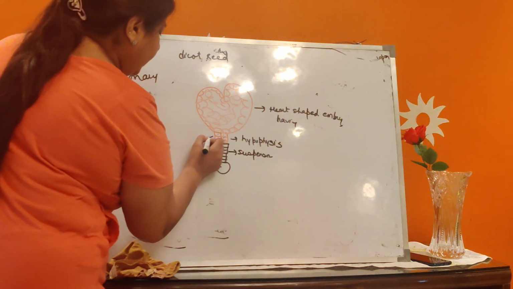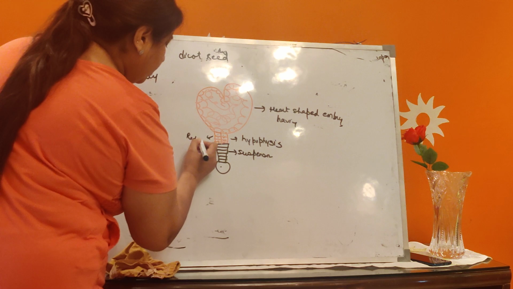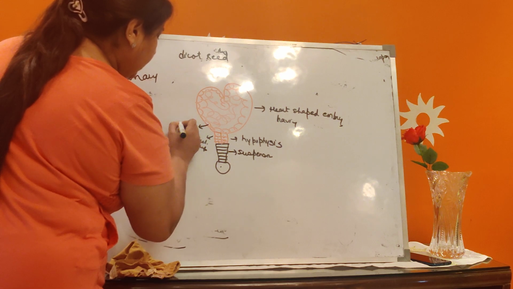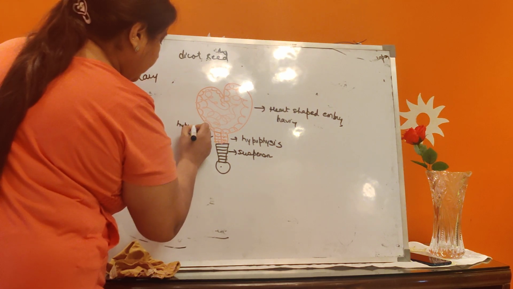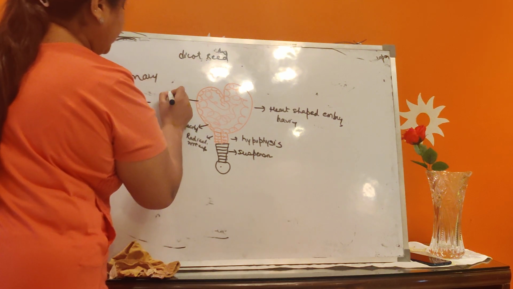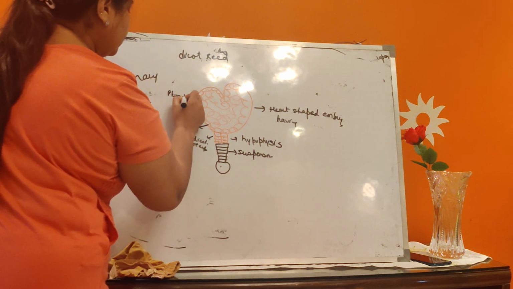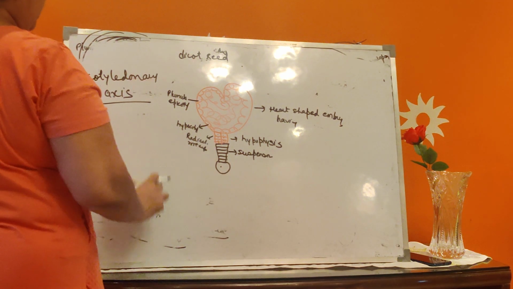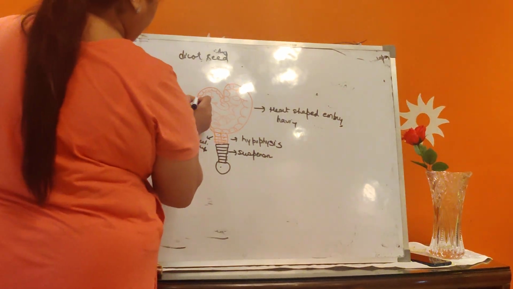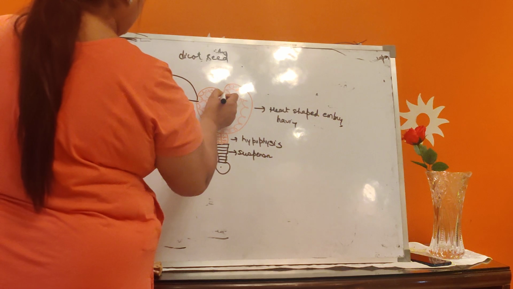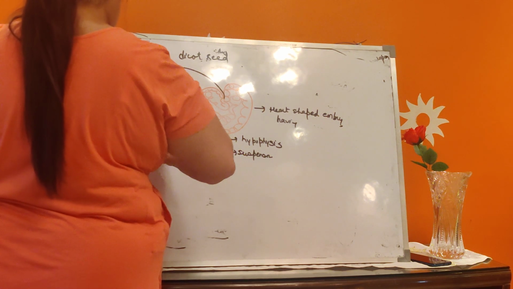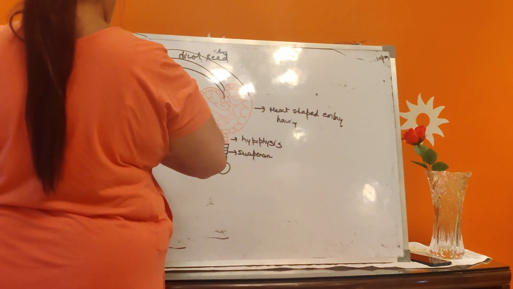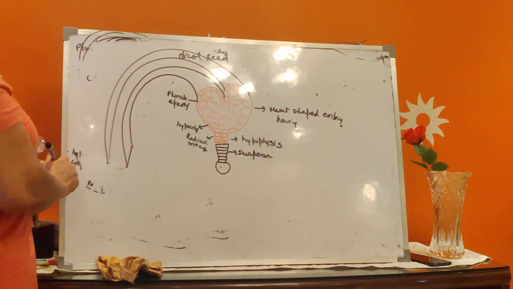what will this structure form? Radicle and root cap. What will this structure form? Hypocotyl. What will this structure form? Plumule and epicotyl. And from where do cotyledons come, they arise from one and the other is two. These are the two cotyledons.